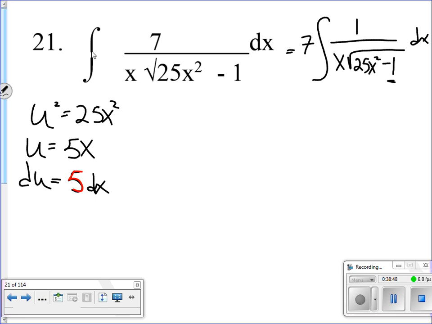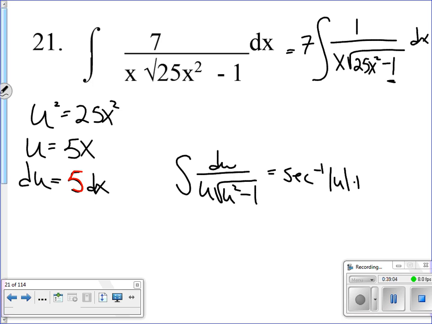of the integral leading to inverse secant. That is the integral of du over u times the square root of u squared minus 1 equals inverse secant of the absolute value of u plus c.